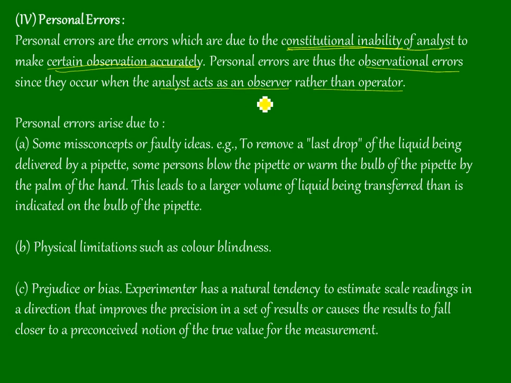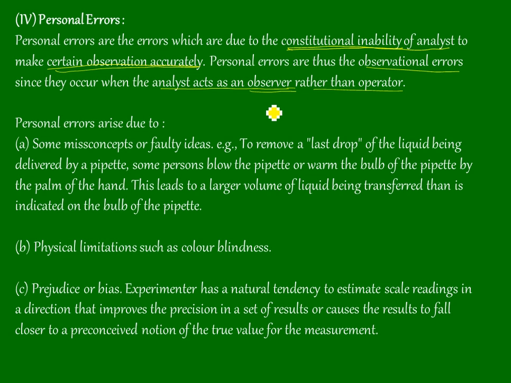For example, he is doing some titrations and he is using some indicators. In that case, he is observing the change in color. So in this case, he is not the operator, but an observer, because he is going to observe that change in color and note down the titration reading.